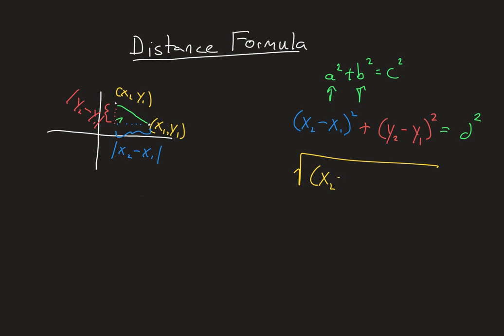We would have the square root of x2 minus x1 squared plus y2 minus y1 squared as our positive distance. And that's where the distance formula comes from.